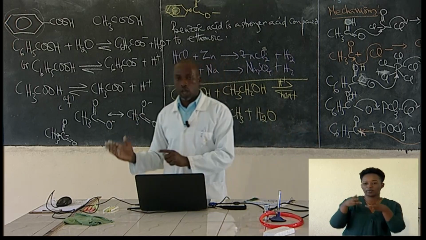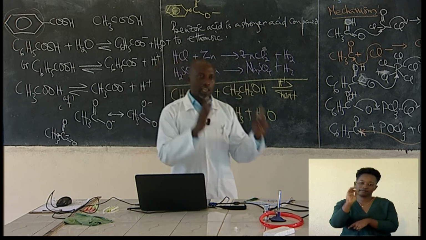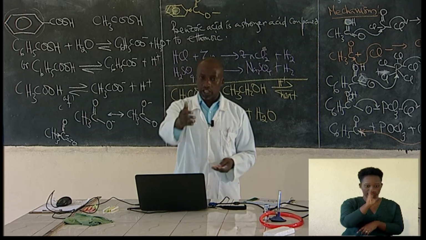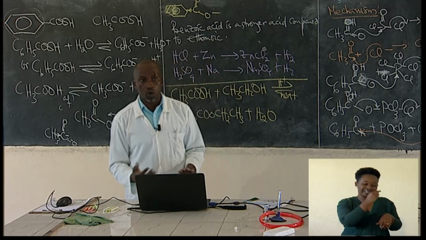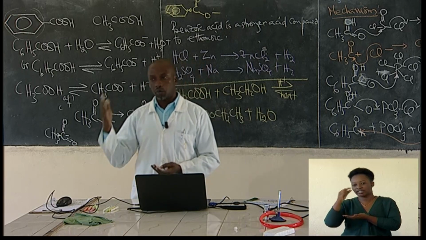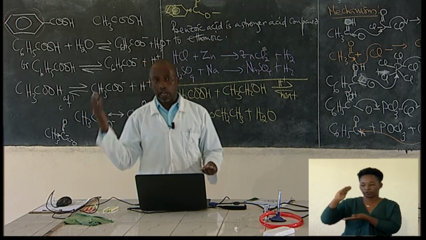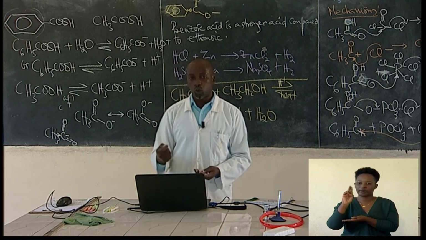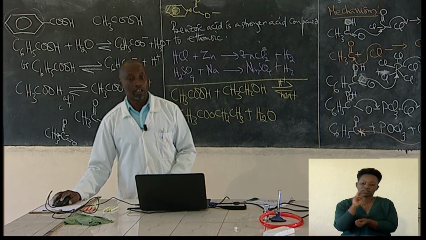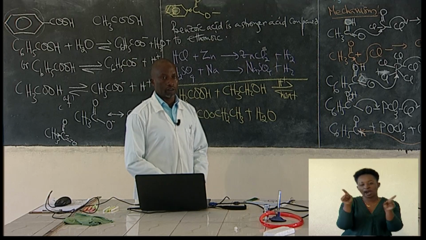They are reduced to alcohols. But in the case the reducing agent is weak, I've just given an example of hydrogen or sodium in alcohol, the reducing agent won't be able to reduce the carboxylic group to an alcohol. Instead, it will destroy the benzene ring, as indicated on the screen.